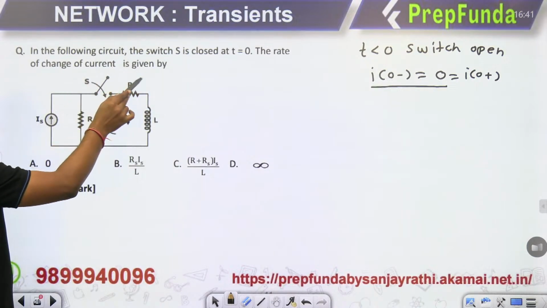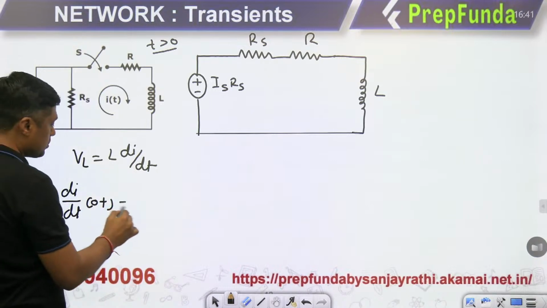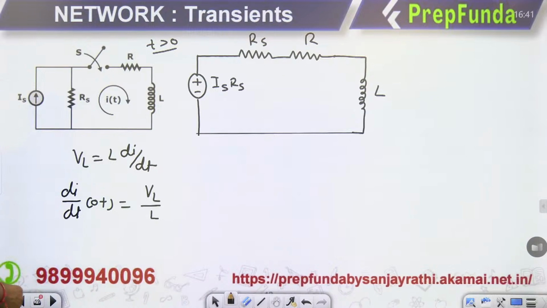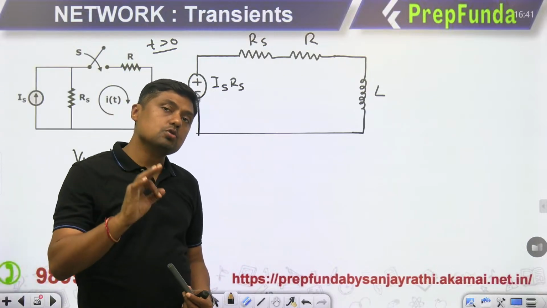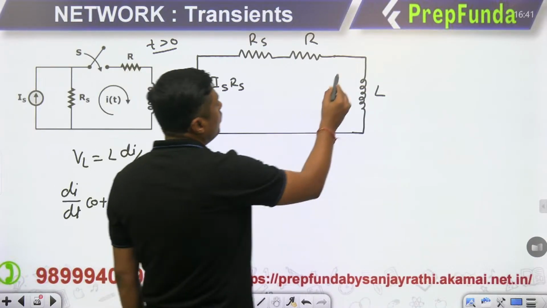So di by dt at 0 plus is equal to VL by L. Now remember, inductor does not allow sudden change of current, but it allows the sudden change of voltage. So what is the initial voltage across the inductor?